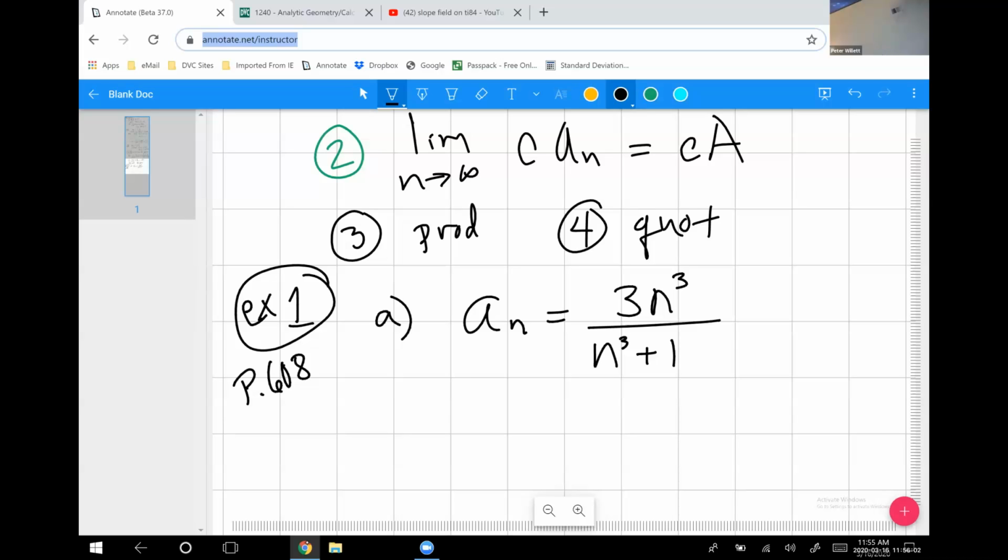So the instructions say determine the limits of the following sequences. So that means we want to find the limit as n tends to infinity of a sub n, where a sub n is given here.